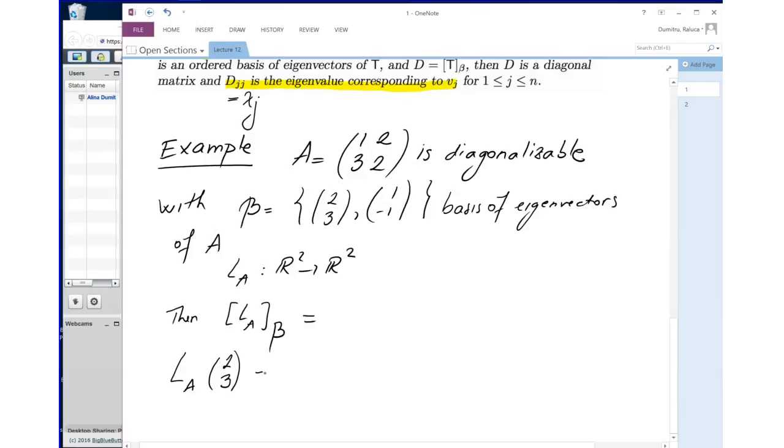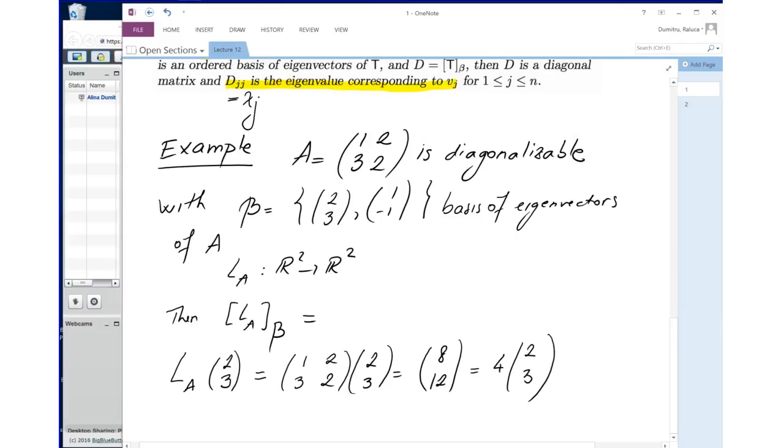L sub A is left multiplication by A, so this is 2 plus 6, so 8, and 6 plus 6, 12. All right, but that's exactly 4 times the vector (2, 3). So the first vector V1 turns into 4 times V1.